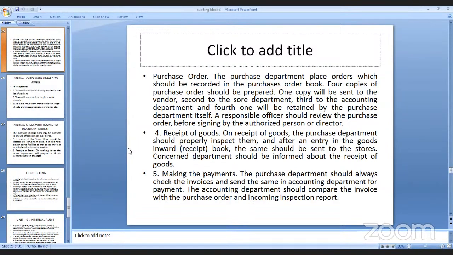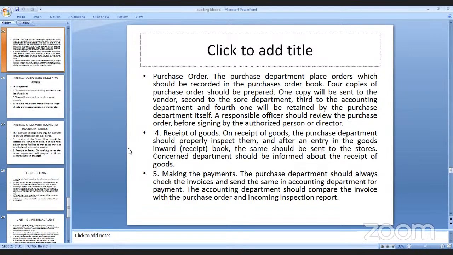Next, receipt of goods. On receipt of goods, the purchase department should properly inspect them, in order to identify the various goods being stored in the particular godown or place. It has to focus on the receipts of goods.